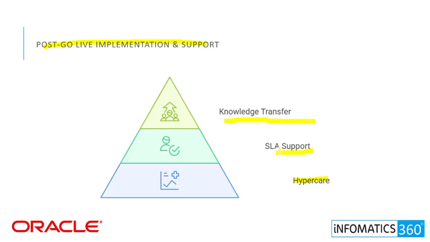Then SLA support. Here we follow a service level agreement to handle issues based on priority, making sure the system runs smoothly. Here, we refers to the implementation partner. And for knowledge transfer, finally we train the client's internal team to manage the system on their own for long-term success. These steps ensure a smooth transition and complete client confidence.